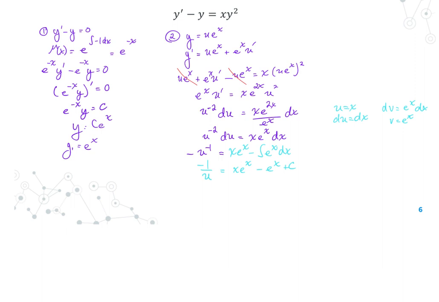So we find out then that we've got 1 over u equals e to the x minus x e to the x plus c, because remember, c can absorb a negative, it can absorb a multiplication, there's a lot of things that c can absorb. So when we look at u, we can invert both sides, and then instead of 1 over u, we end up with u equaling 1 over e to the x minus x e to the x plus c.